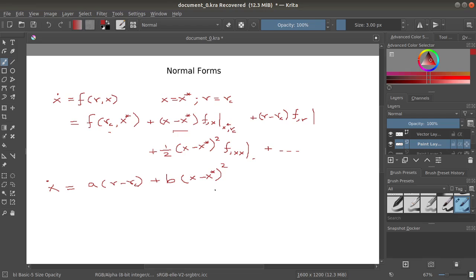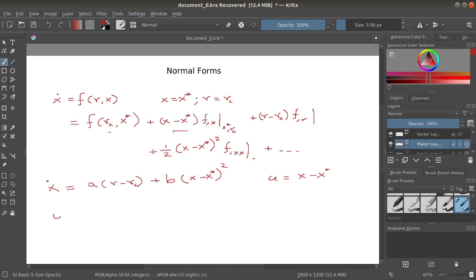Now let's introduce a variable u, which is equal to x minus x star. So basically it's the deviation of x from x star. Let me use this one over here. What do I get?